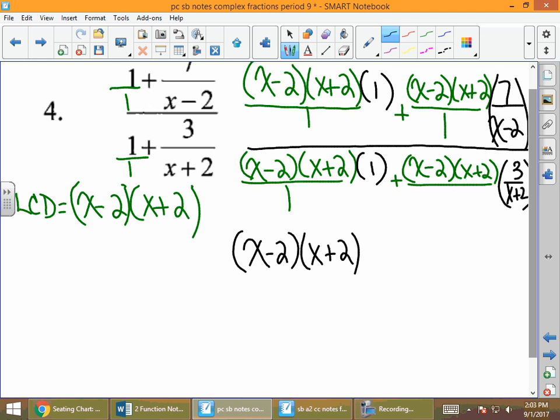We're trying to get the fractions out. But when we look at our next term here, we've got x minus 2 times x plus 2 times 7 over x minus 2. Do we have anything exactly the same in the top and in the bottom? We've got an x minus 2. So we're going to cancel that out, and we're going to be left with x plus 2 times 7. And you could write the 7 in front. It's not going to make any difference. We're going to have to distribute eventually.